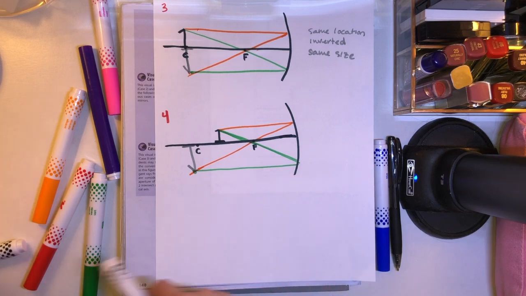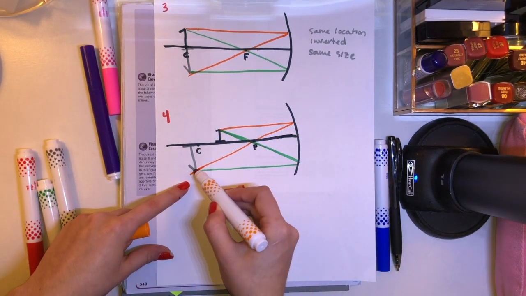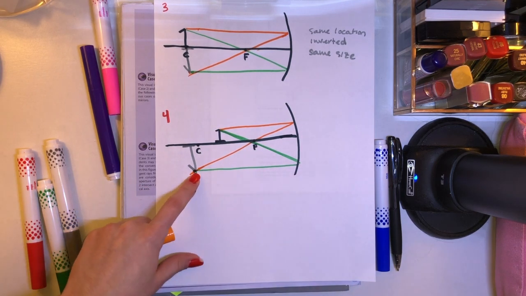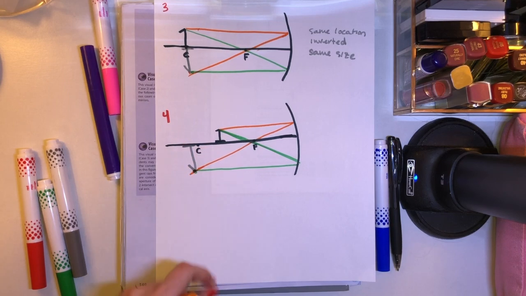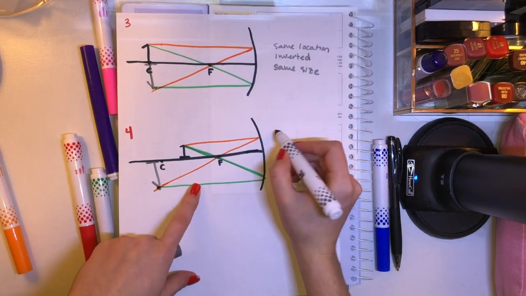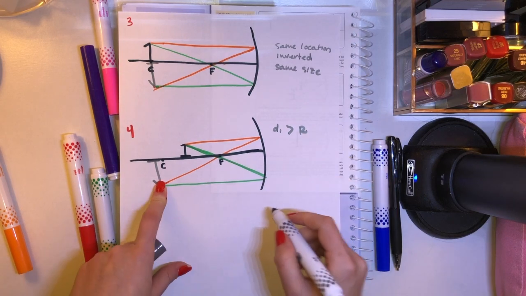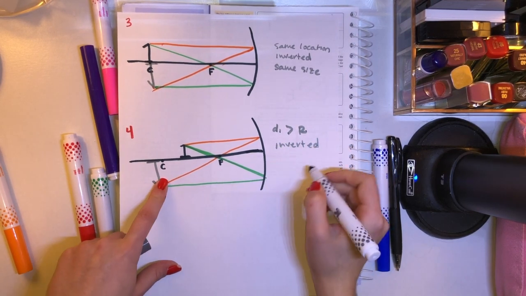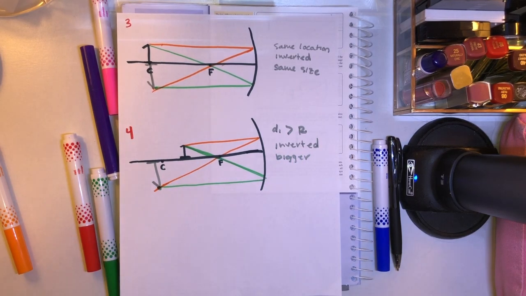Our image is going to be reflected if we follow the P ray and the F ray to where they intersect. We see they intersect at a location that is farther than C. So you could say the image distance is greater than the radius. It's inverted, and it's also bigger than the object.